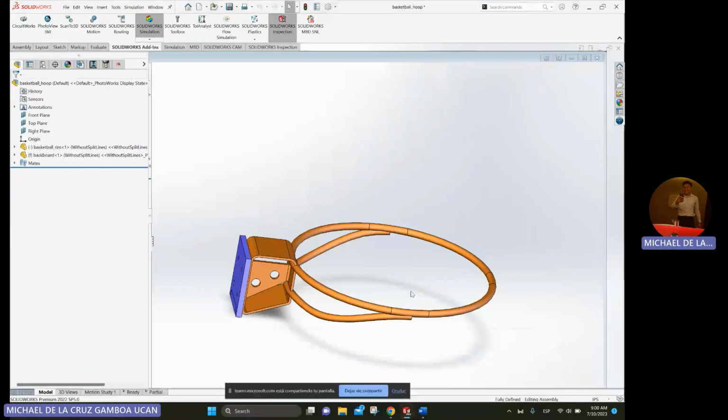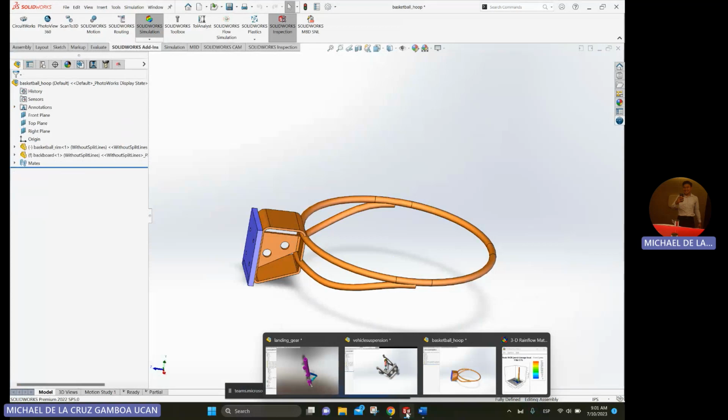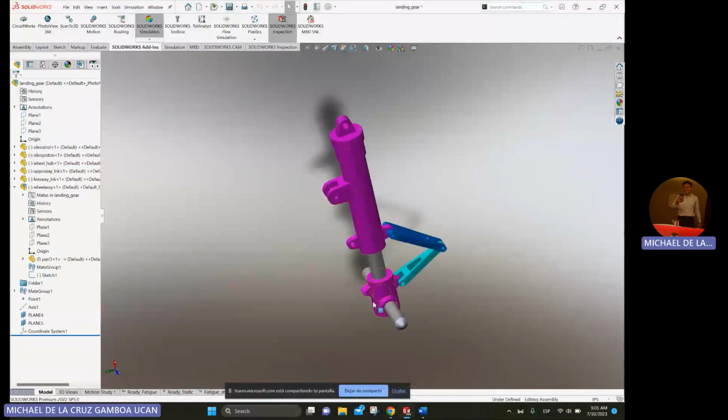For the last is analysis of response graph as a function of time of a basketball hoop. Okay, let's start. The first tutorial that we are going to talk about is called landing gear fatigue analysis.